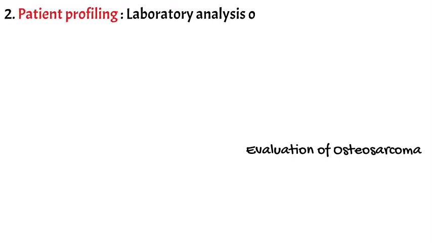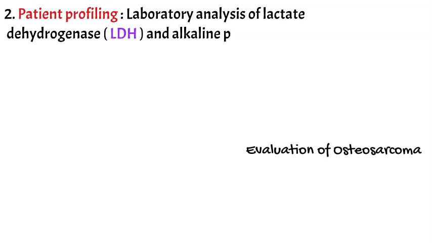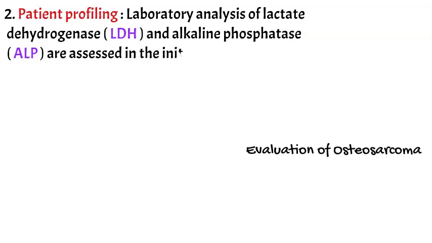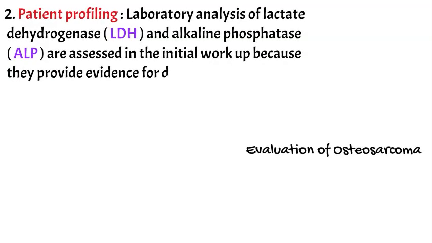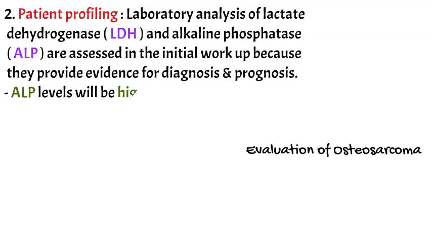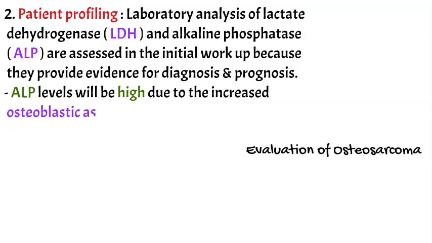In patient profiling, laboratory analysis of lactate dehydrogenase (LDH) and alkaline phosphatase (ALP) are assessed in the initial workup because they provide evidence for diagnosis and prognosis. ALP levels will be high due to the increased osteoblastic activity associated with osteosarcoma.